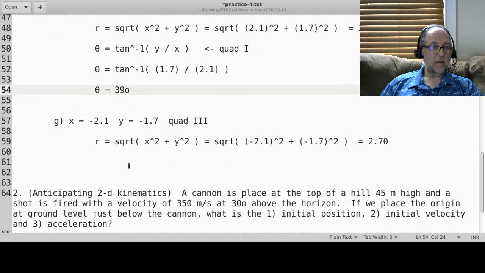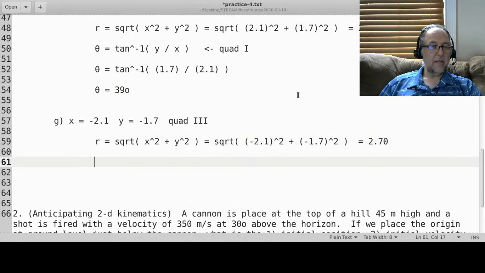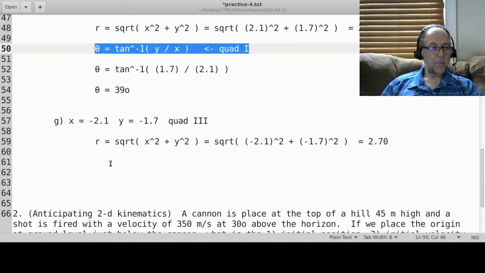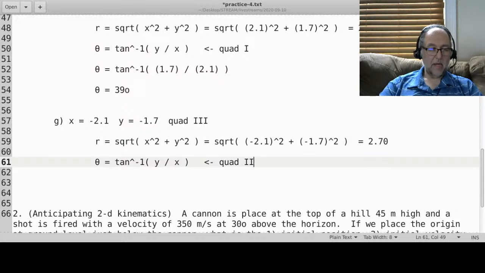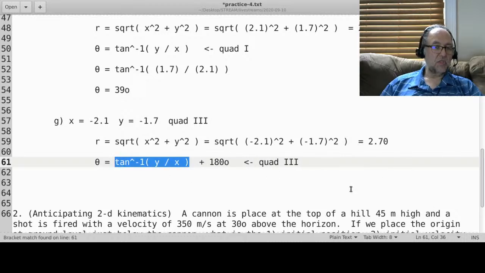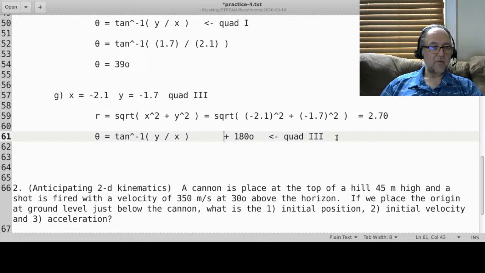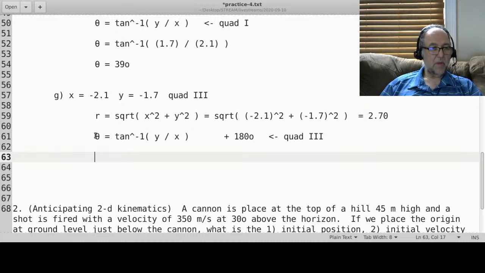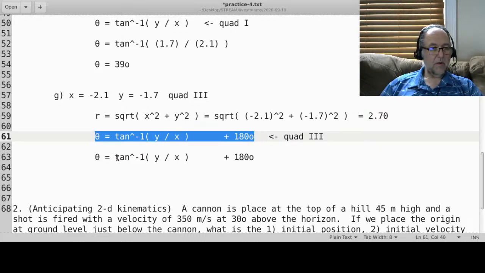Let's do it for the next one. For this one, it's this formula here, but now you're in quadrant 3, and in quadrant 3 you're supposed to add 180 degrees. But let's do this carefully. Watch what happens to just this part of it. Yeah, the 180 is there, but let's put it to the side for a second. Now let's substitute in the numbers that we have. So there it is.